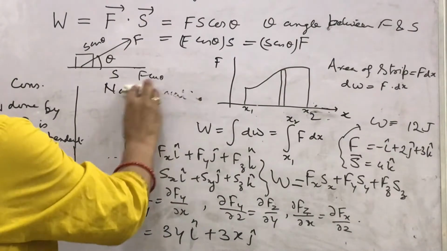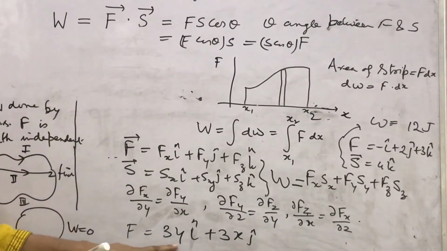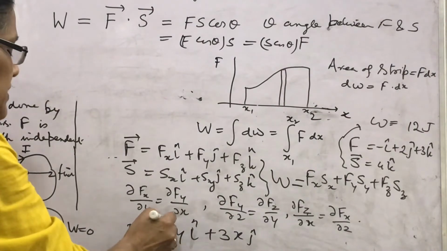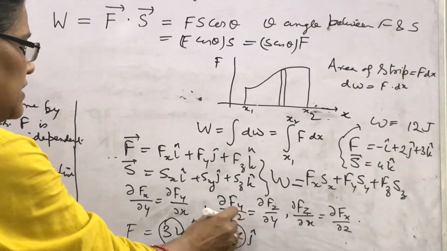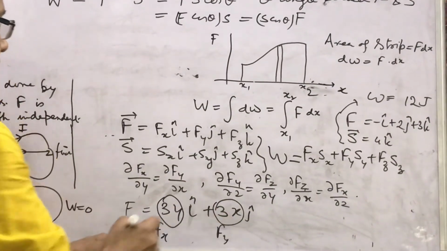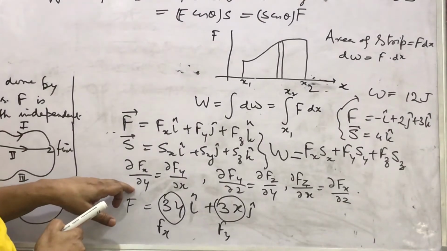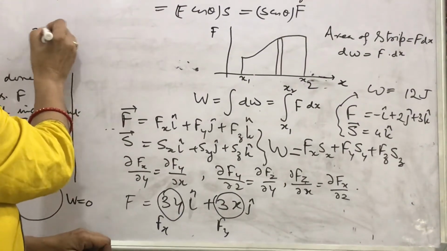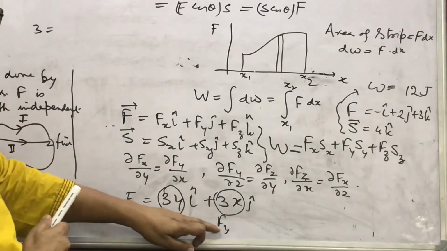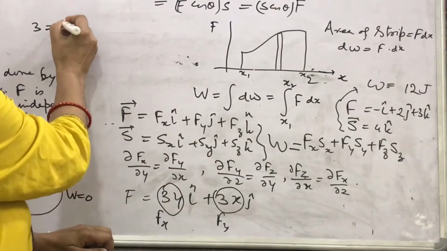If it is asked to tell whether this force is conservative or non-conservative, what is this? This is fx. And what is this? This is fy. You see the first equation, del fx upon del y: 3y upon y, that is 3, equals del fy upon del x, 3x upon x, that is 3.